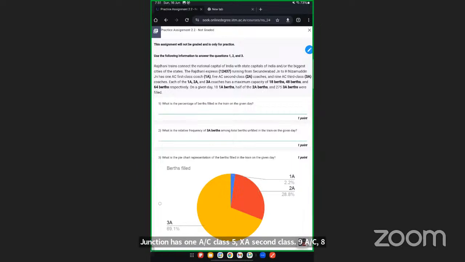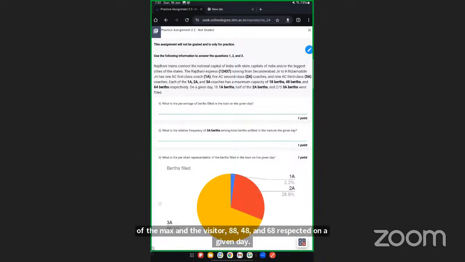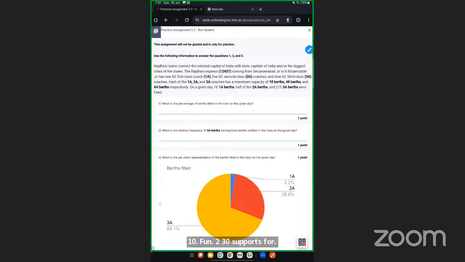On a given day, 10 1st AC berths, half of the 2A berths and 275 third AC berths were filled. What is the percentage of berths filled in the train?